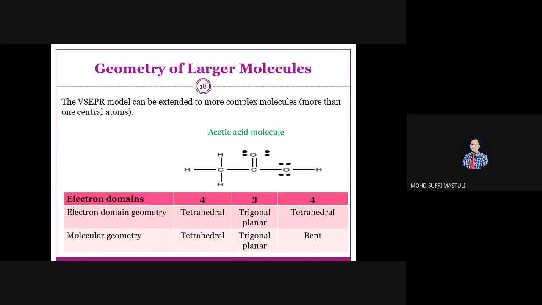As long as we can identify the central atom, we can count the electron domains, the bonding pairs, and the lone pairs around that central atom. We can tell the electron domain geometry, and we can tell the molecular geometry. Okay.